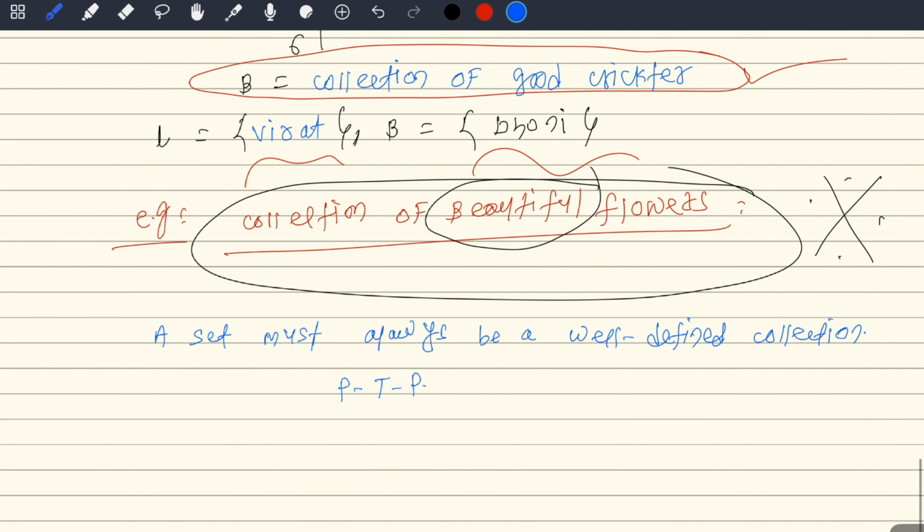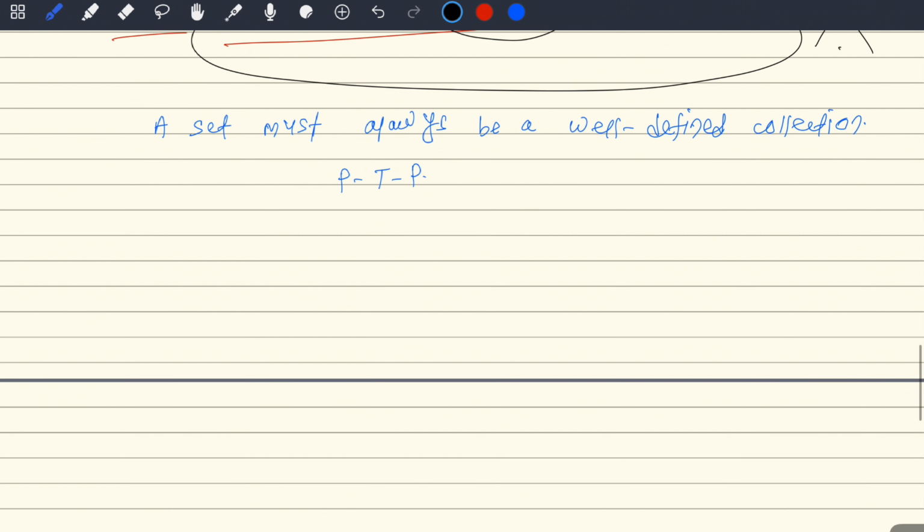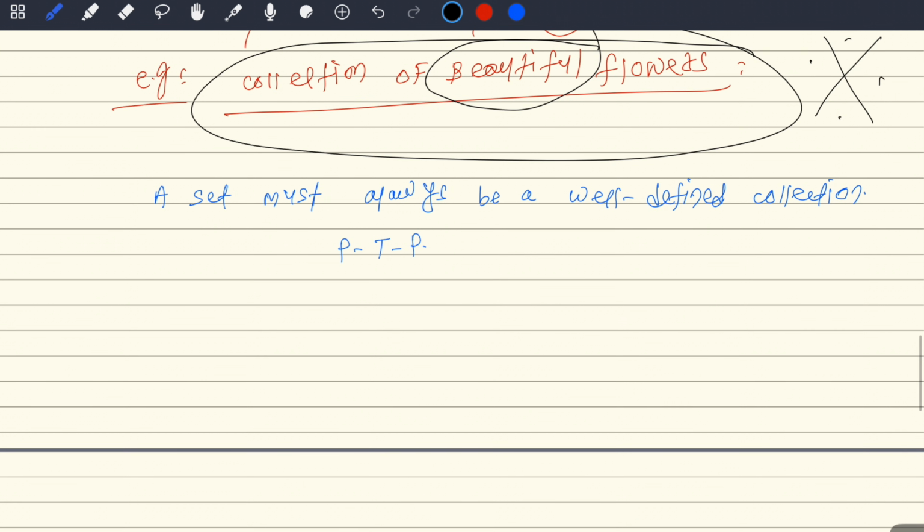Now, generally sets are denoted by capital letters.